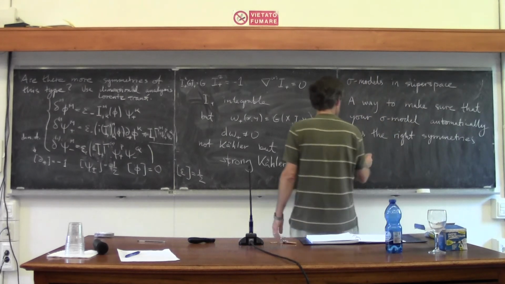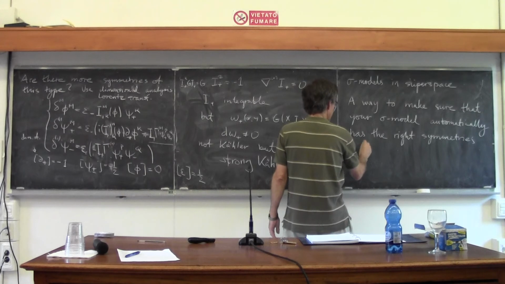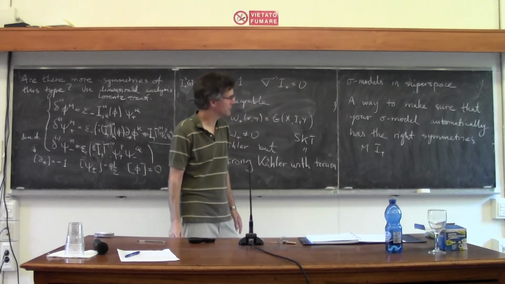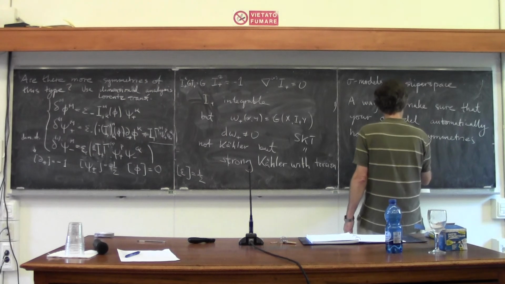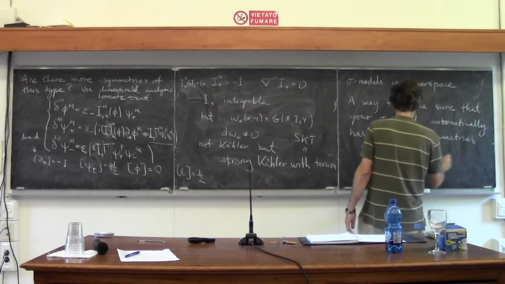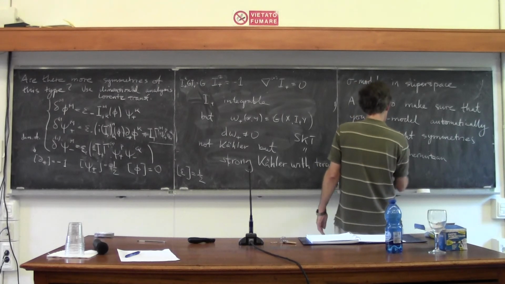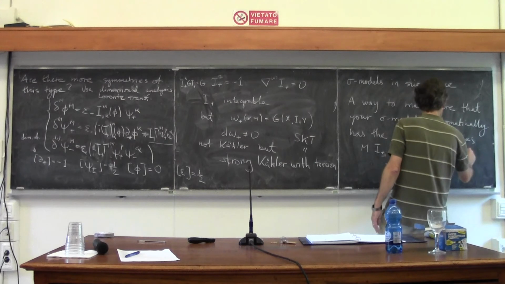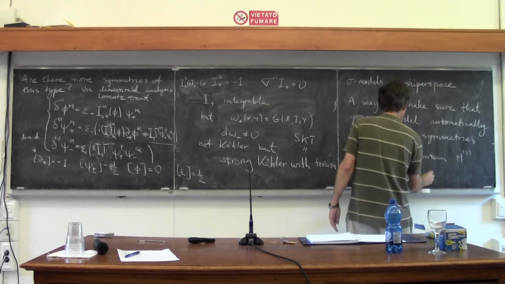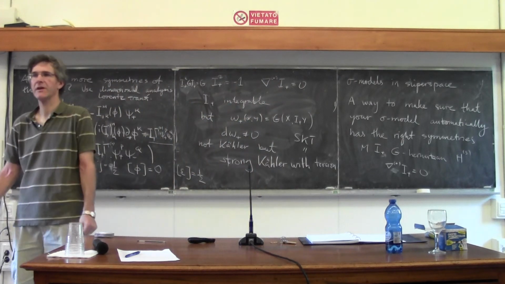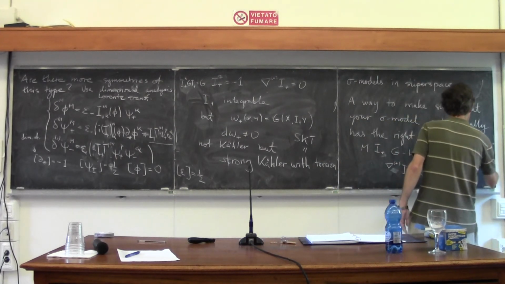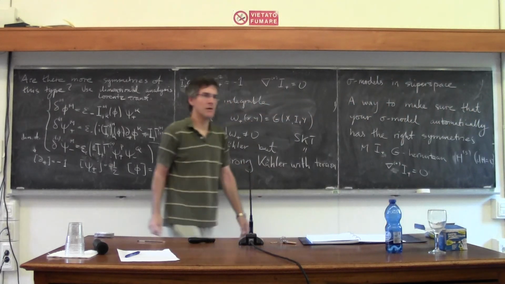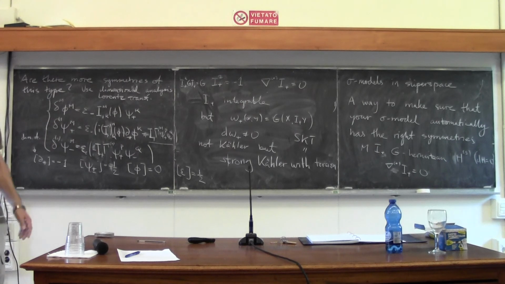So you have a manifold. There is a complex structure, a metric which is Hermitian, and a closed three-form, such that the complex structure is covariantly constant with respect to the torsionful connection. This is SKT, right?